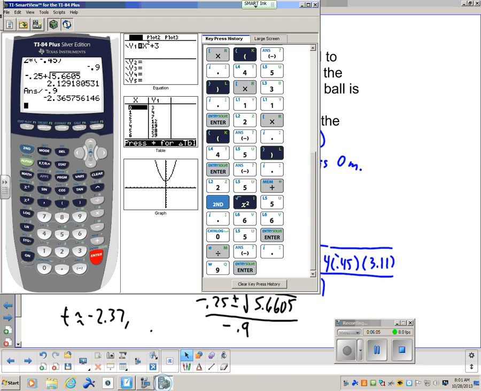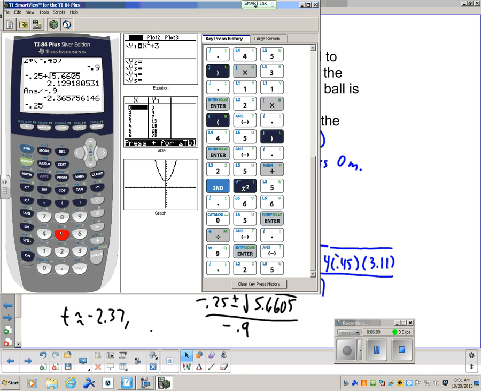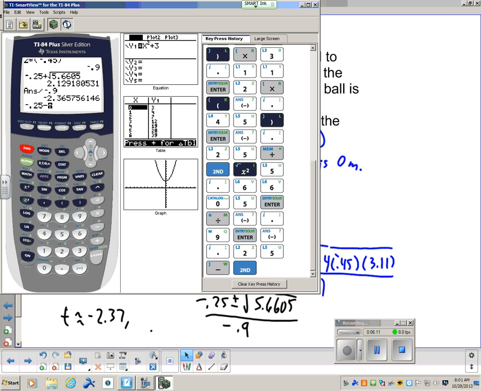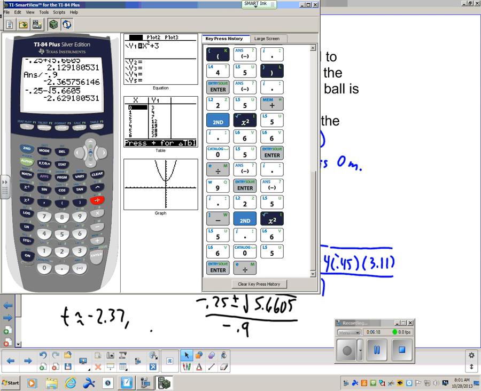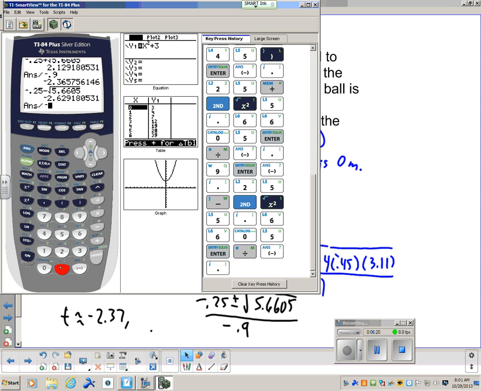And let's find your other one here. We've got negative 0.25 minus the square root of 5.6605 divided by negative 0.9, and we get 2.92.